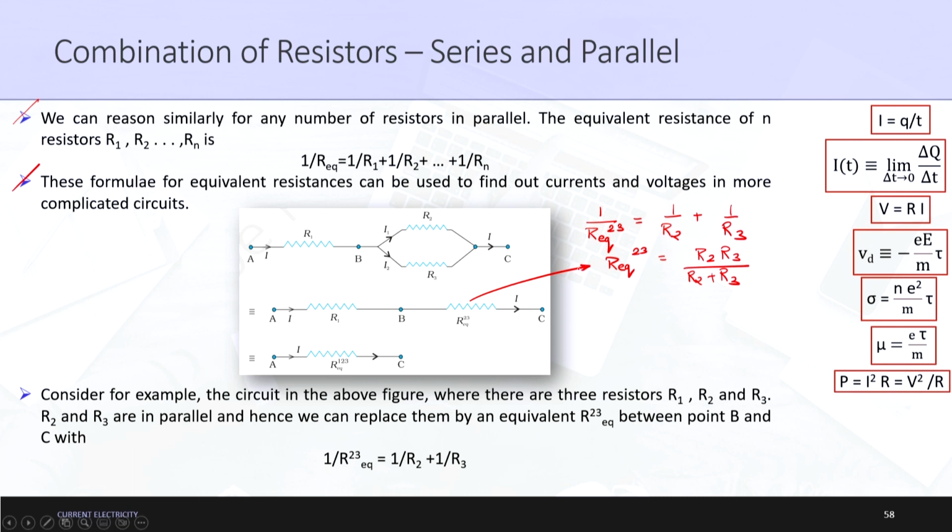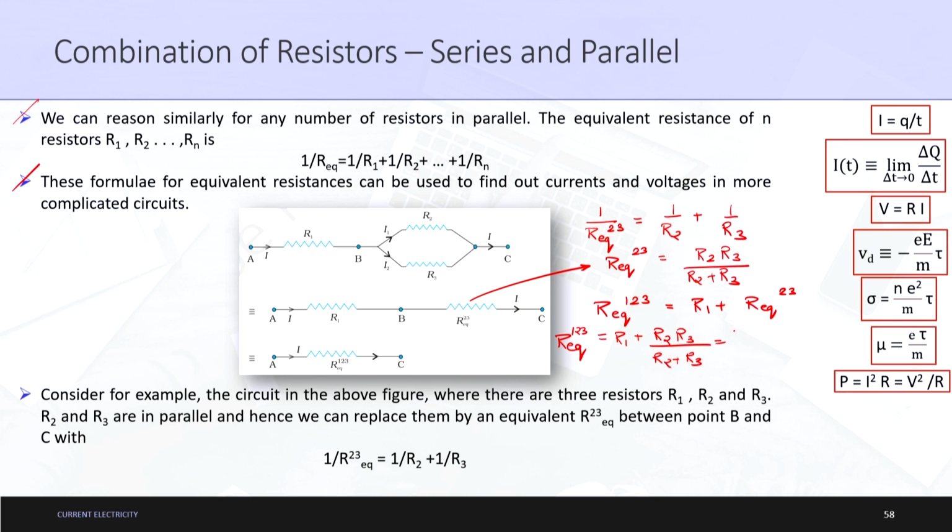Now, as these two resistors are in series, we can write that R equivalent 1 2 3 is equal to R1 plus R equivalent 2 3. Therefore, R equivalent 1 2 3 is equal to R1 plus R2 R3 upon R2 plus R3.